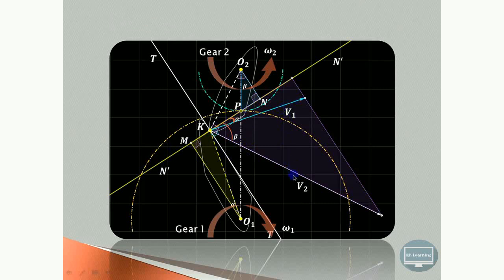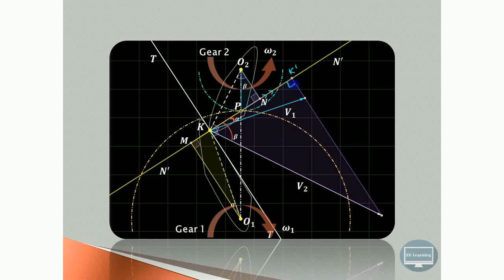Now V1 and V2 will have components along the common normal n dash. Suppose we consider this as point K and this as point K dash. Then V1 will have a component along this normal, and similarly V2 will also have a component along this normal.